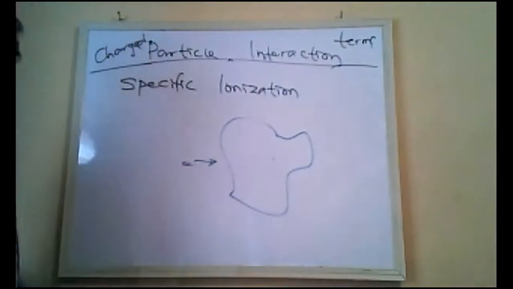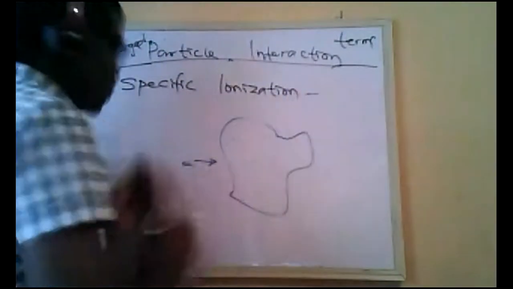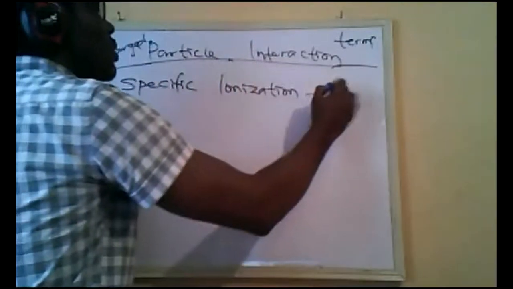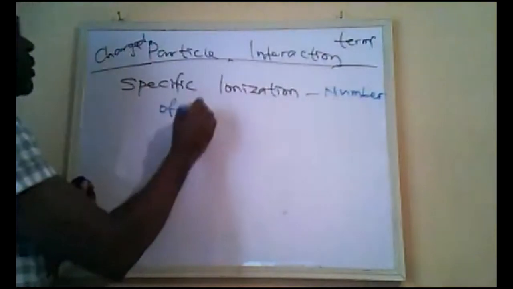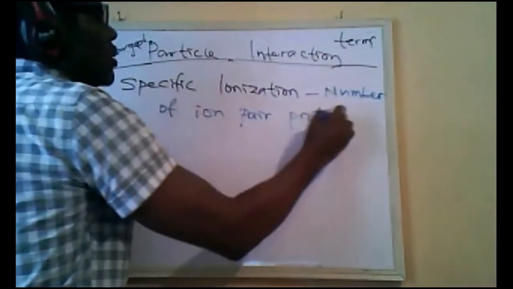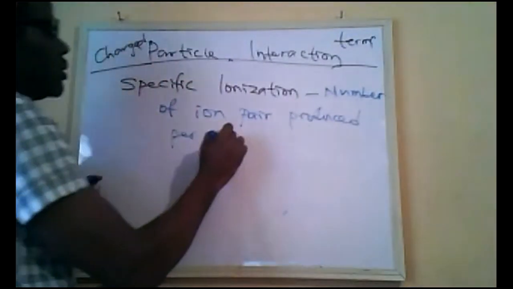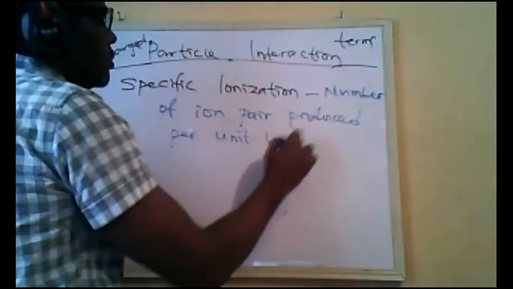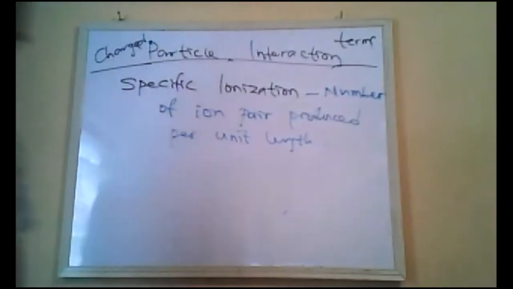So specific ionization is actually the number of ion pairs produced per unit length.